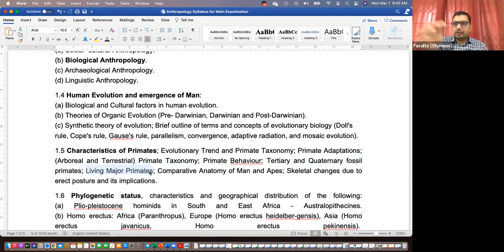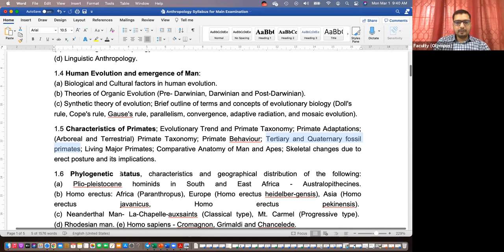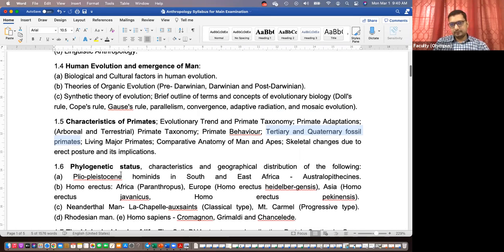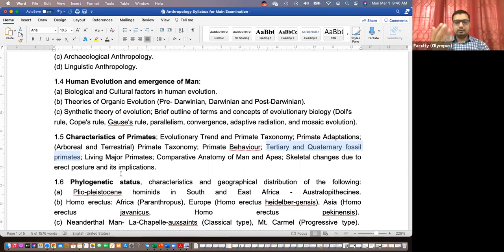What is living today, and what is not? We'll see what we see today and which of them are extinct. In the last part, I'm going to discuss tertiary and quaternary fossil primates, because they are nothing but what is given in 1.6. That will be a good segue to go to 1.6. So this is how I'm going to deal with it.